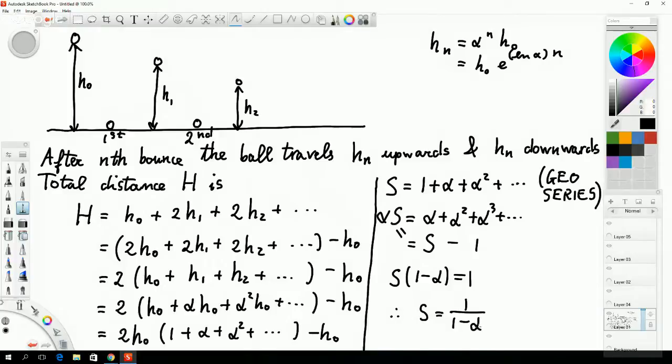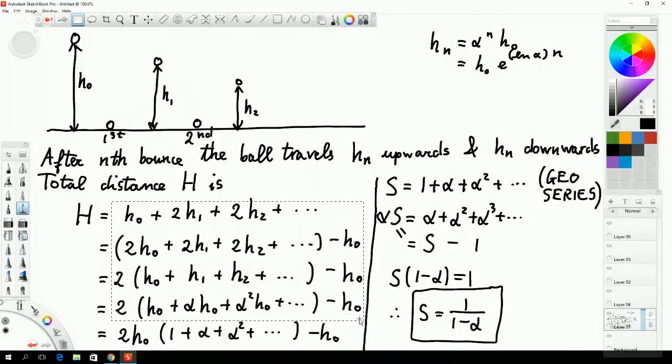And of course, this makes sense because alpha is less than 1, and it is also greater than 0, so we get a positive number. This is what the infinite series in the round brackets is equal to. So we can just plug in the result now. So let me just erase the first few lines, not the last one.